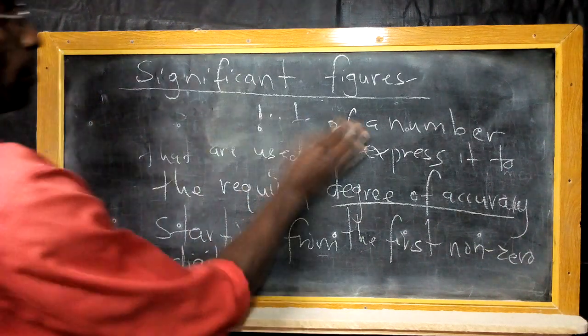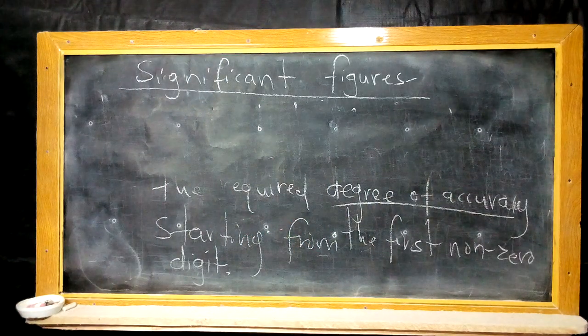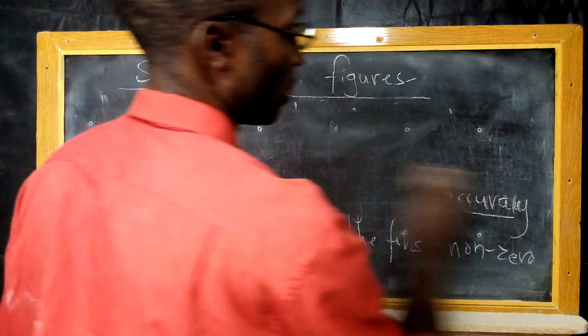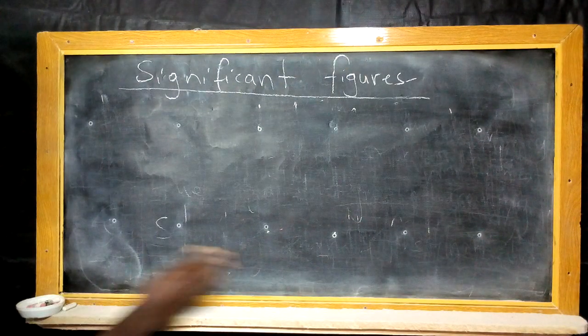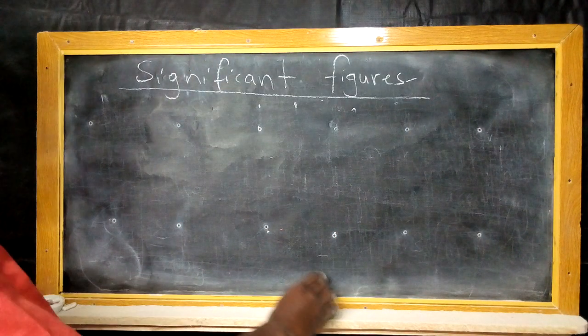So simply we can say that all non-zero digits are significant figures, and also the zeros between non-zero digits form part of the significant numbers.